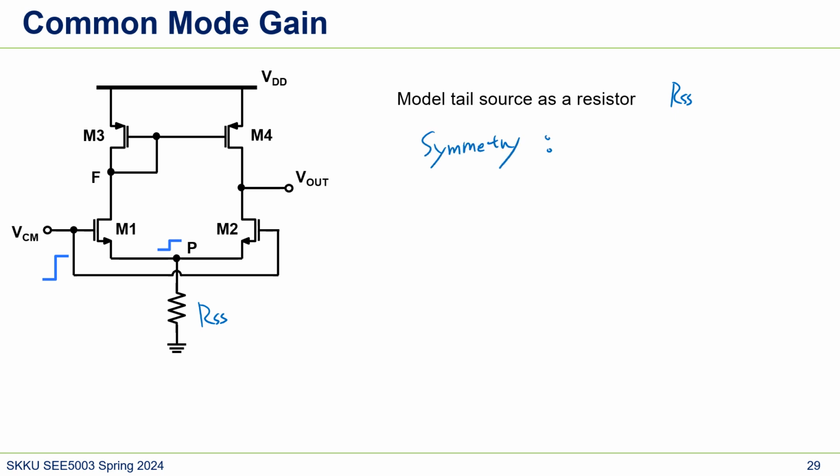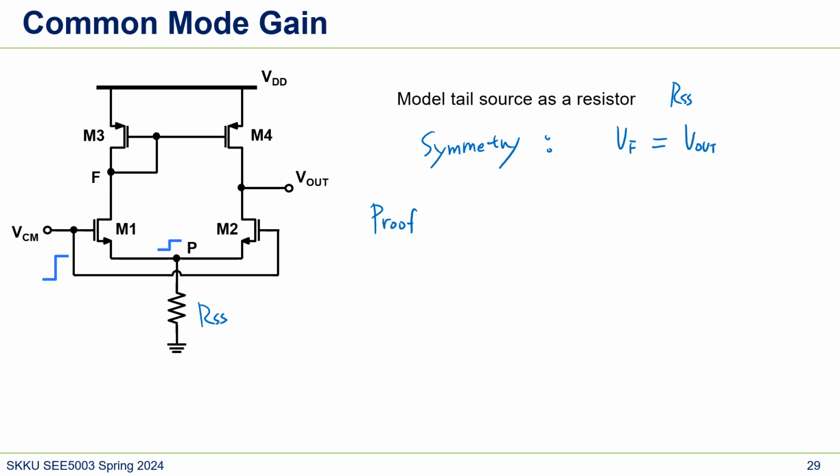That means if Vf is V out, then that's a lot easier. Are Vf and V out the same? We can actually prove it with a simple assumption. So assuming symmetry, then Vf is V out.